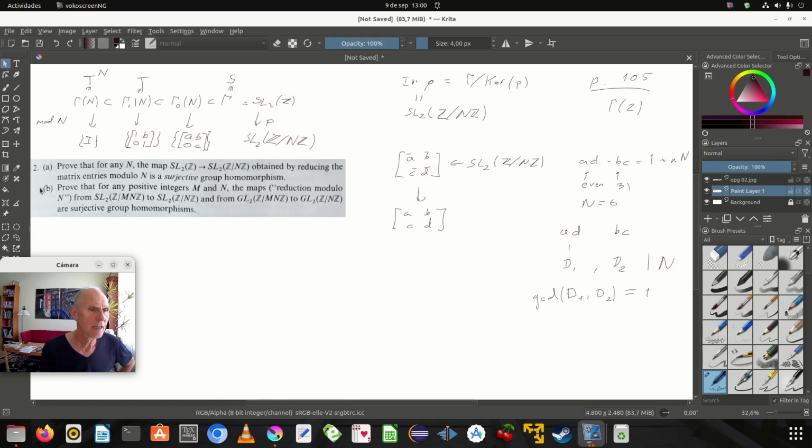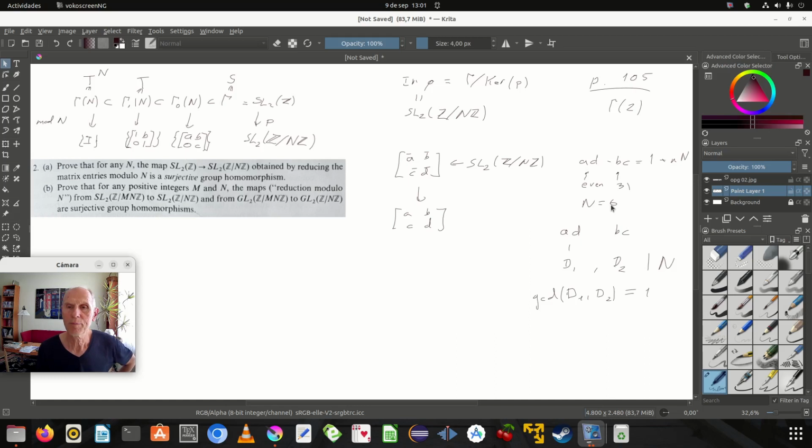Next, I started on part A. Project SL2 to the special linear group modulo n. Let's say this one lies in there. That means this matrix has determinant 1 plus some factor of capital N. And then I wanted to say that one of these had to have no common divisor with n.